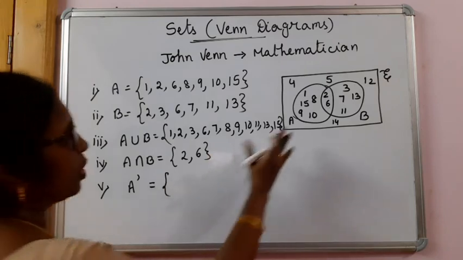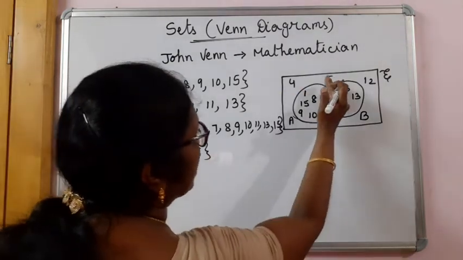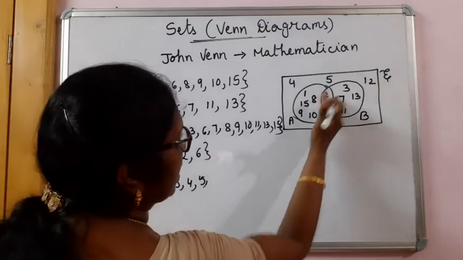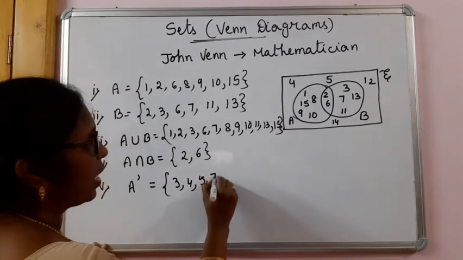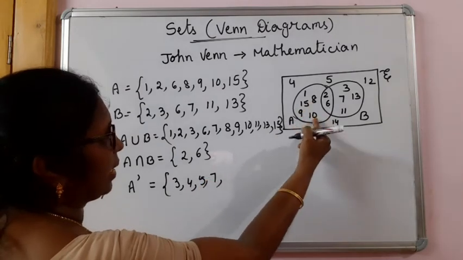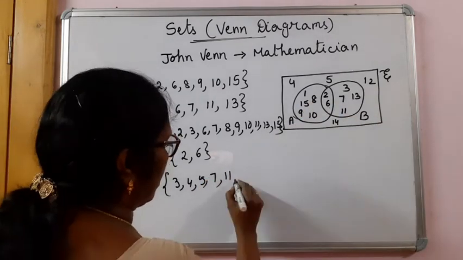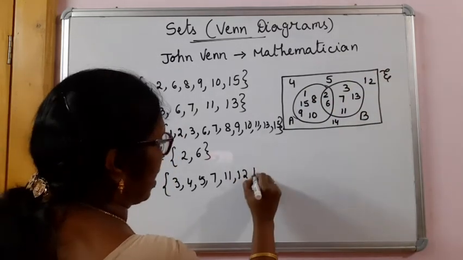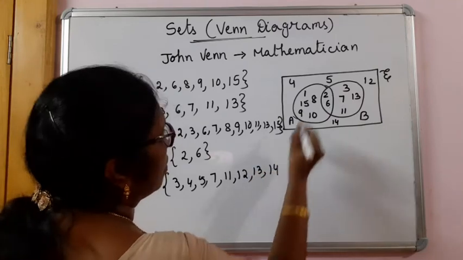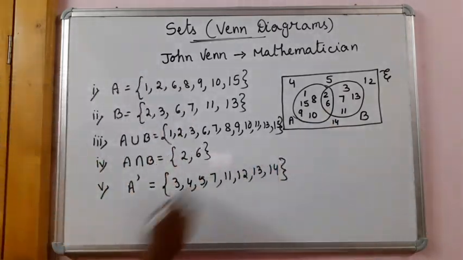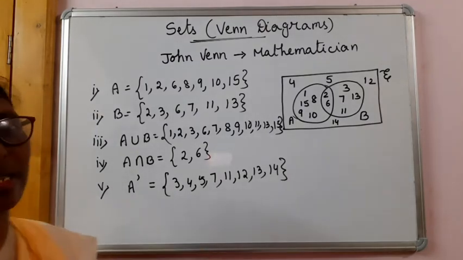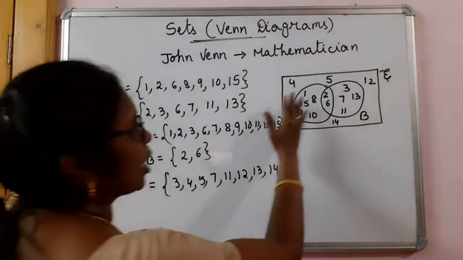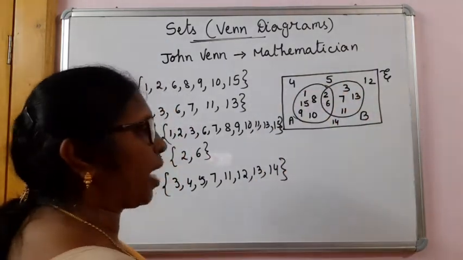So 1 is in A, 2 is in A, 3 is outside A, so 3. 4, 5. 6 is inside A, so 6 won't come. 7, 8 is inside, 9, 10 no. 11 is outside A, 12 is also outside A, 13 is outside A. 14 is outside, 15 is in A. So these are the elements of set A dash, that is complement of A. Similarly, B dash means leaving the elements of B, the remaining elements we have to write.